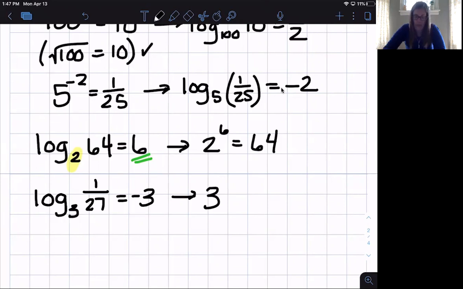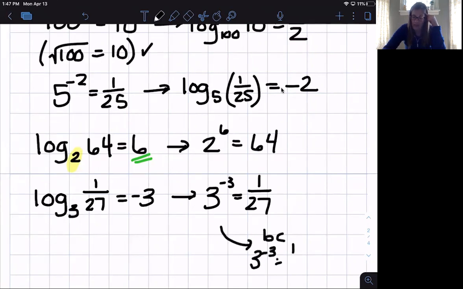My exponent is what the log is equal to, so 3 to the negative 3, and then it equals 1 over 27. Stop and think, does that actually make sense? Because when you rewrite these, it should always make sense. So I'm just going to do a little check over here. 3 to the negative 3 is equal to 1 over 3 cubed, which is equal to 1 over 27. So yeah, it does check out.